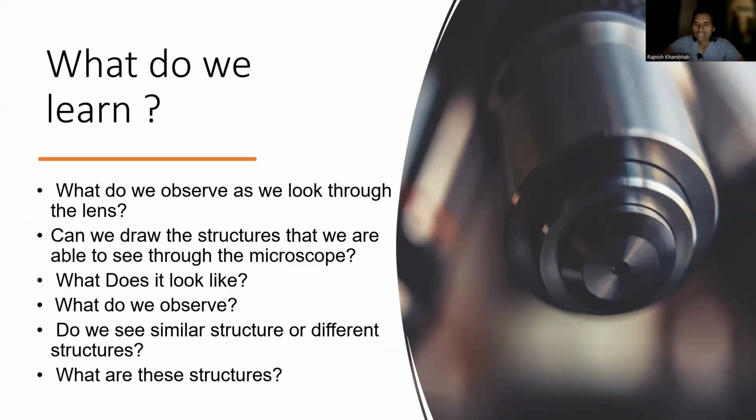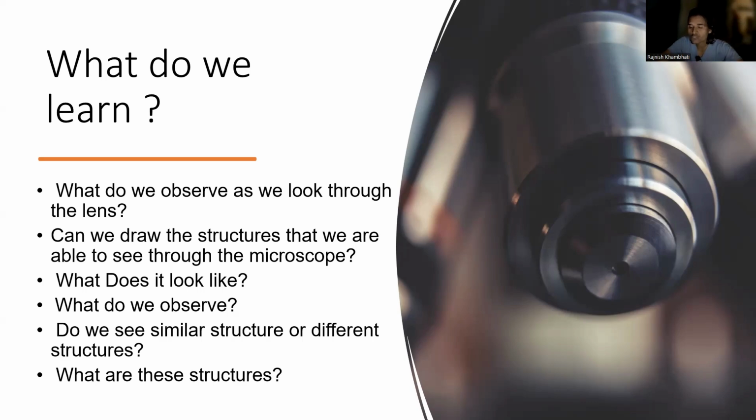Now, up till now we have learned these many slides. What did we learn and what did we understand? These are the questions written here. You have to read each question and try to answer it yourself, so that you can understand what you have understood from the previous slides.